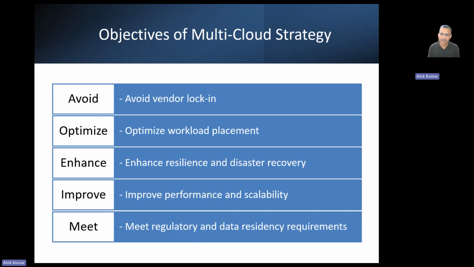It also helps you optimize your workload placement. Based on the type of services you need from the cloud providers, you optimize your workload for data storage, compute, file transfer, or everything.